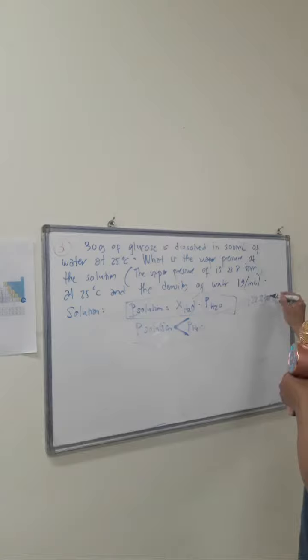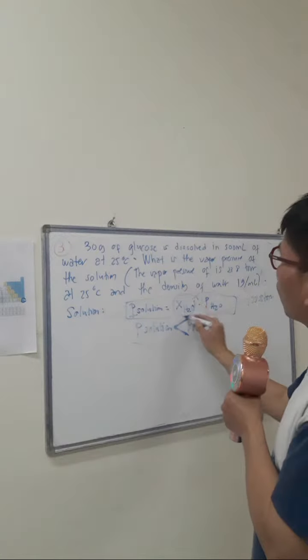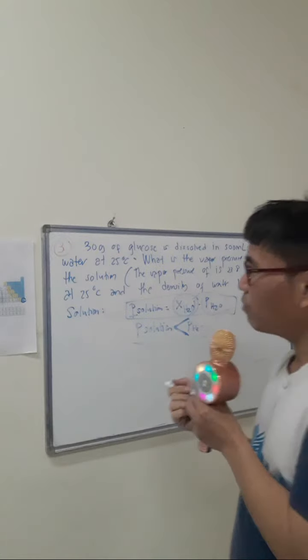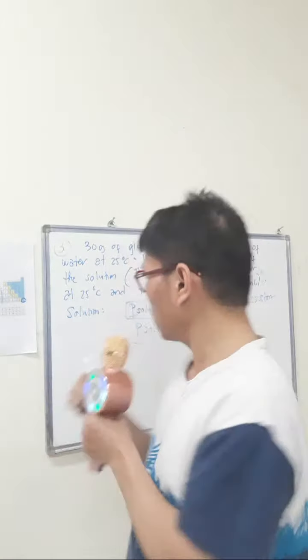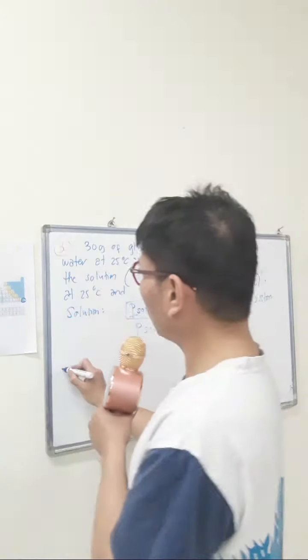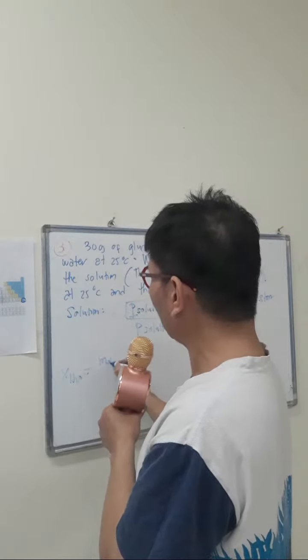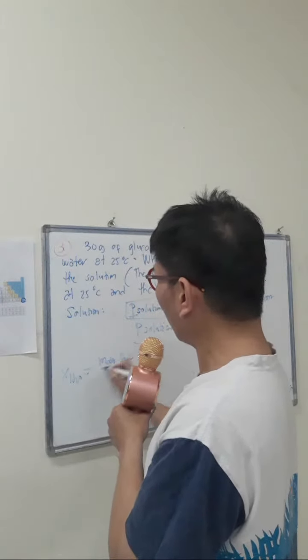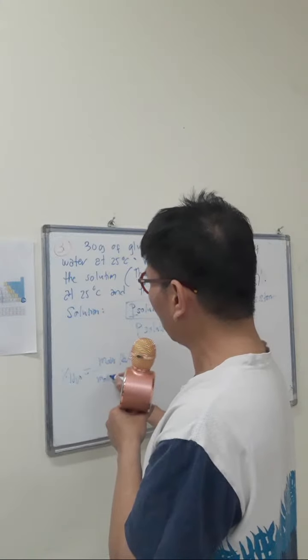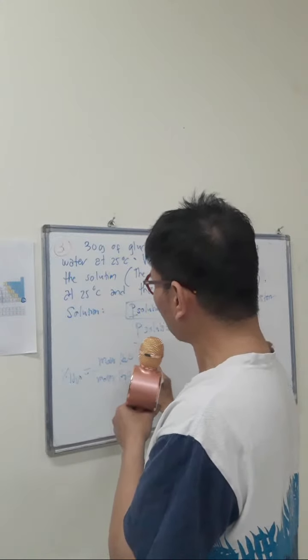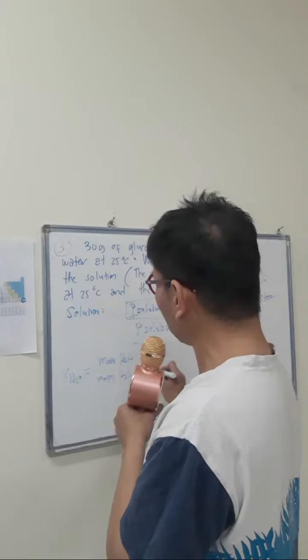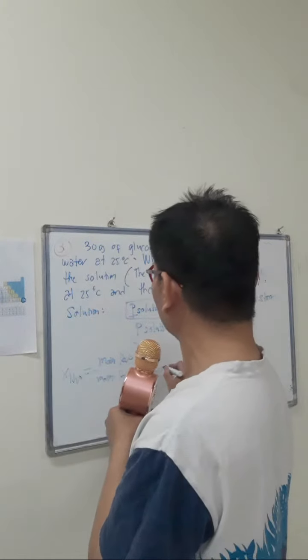Then our problem is only to solve for the mole fraction of water. How to compute it? Mole fraction of water is equal to the moles of water over the moles of water plus moles of the solute, which is our glucose.